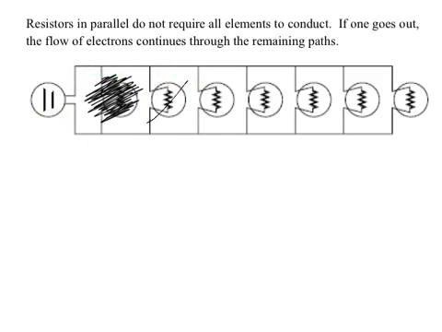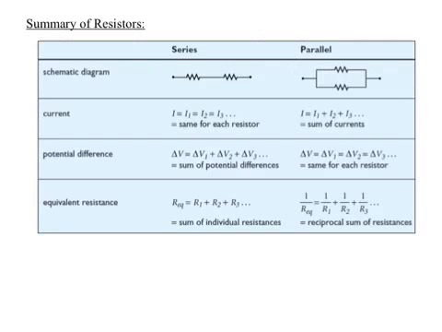So even if all of them went out, except for the last one, you still have a completed circuit. So in parallel, if one bulb goes out or if one element stops working, the others continue to conduct that flow.